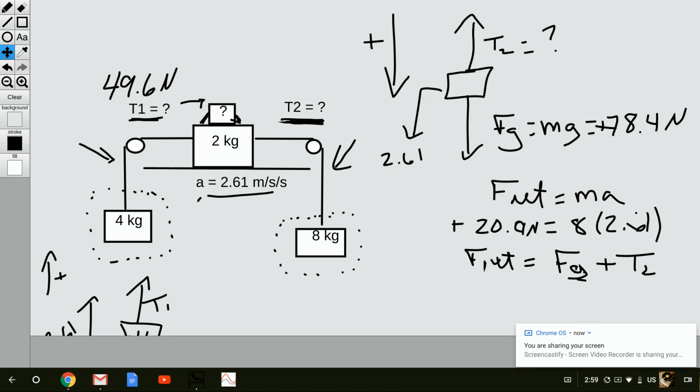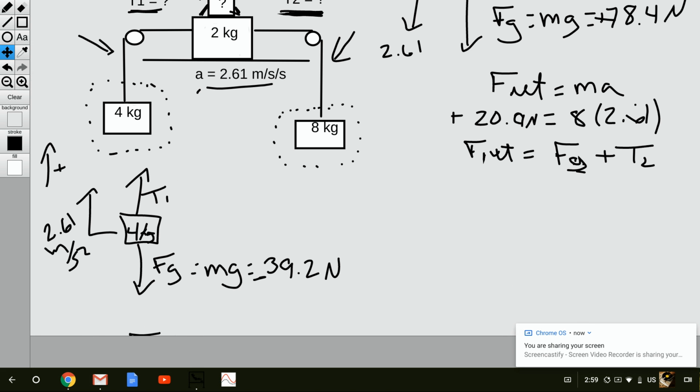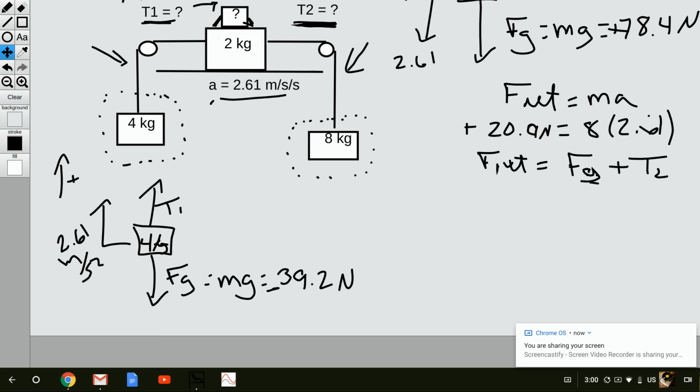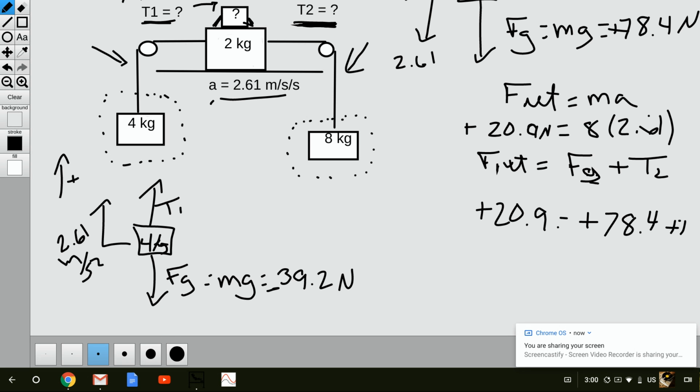When we start plugging stuff in, we get a positive 20.9 is equal to a positive 78.4 plus whatever T2 is.